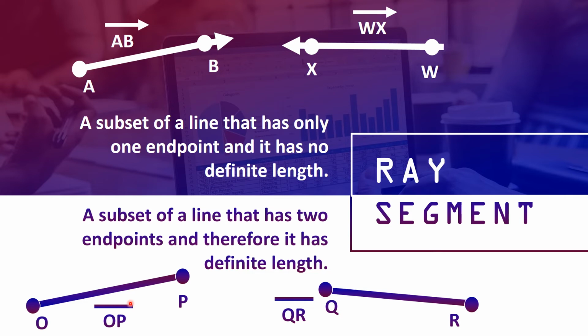If it has two arrowheads in opposite direction, it is a line. If it has one arrowhead, it is a ray. So that's the difference between line, ray, and segment for the symbol above the corresponding points. Okay? Now we have here line segment QR. So this is how we write line segment QR.